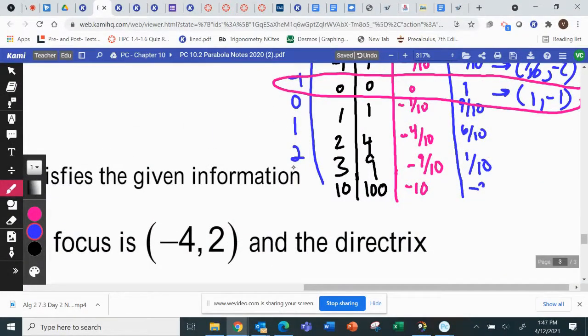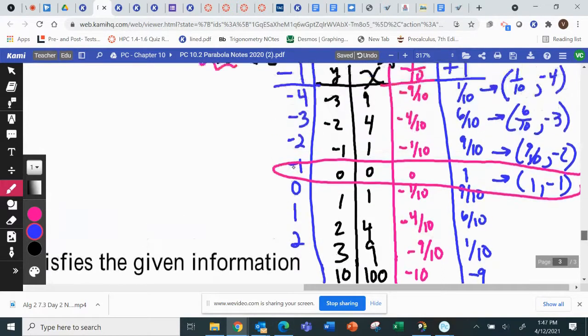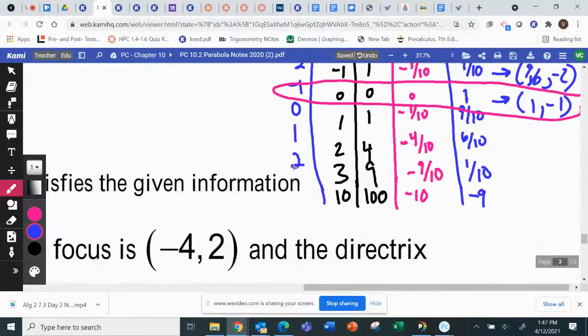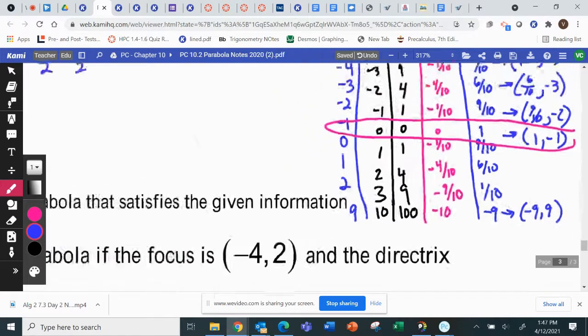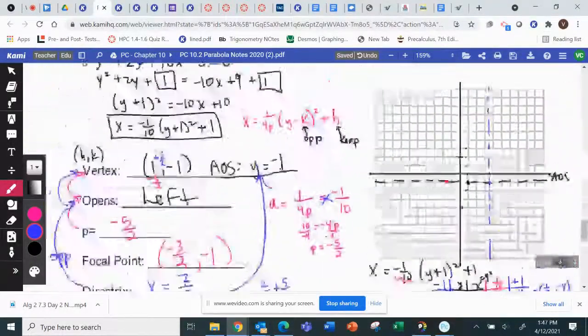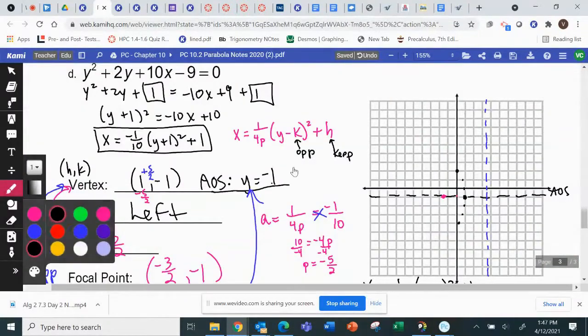So I get -9. And on this side, I subtract 1. So I get 9. And then I have to write it in the other order, -9, 9. So -9, 9 could be another point that I plot, just to help me connect these easier.